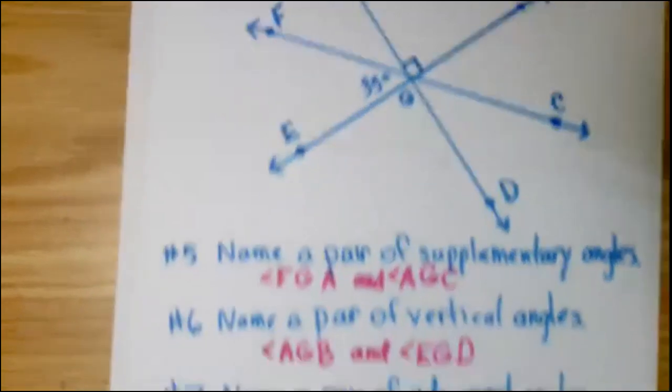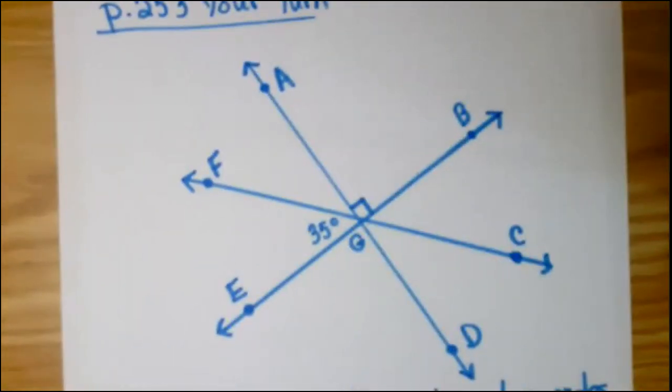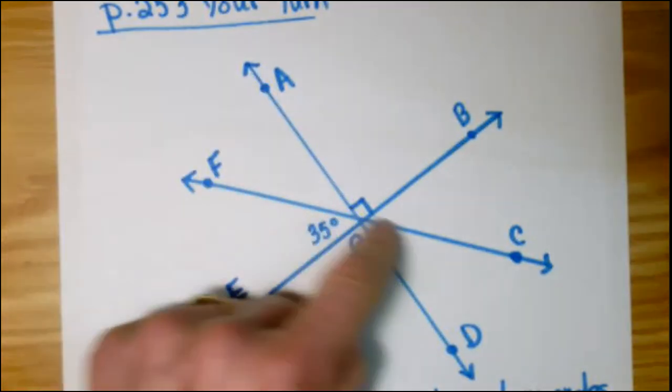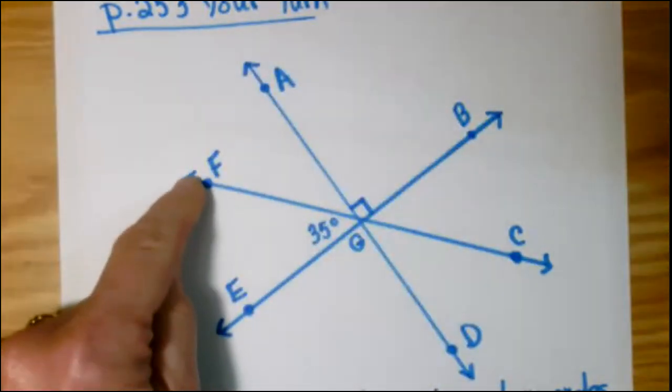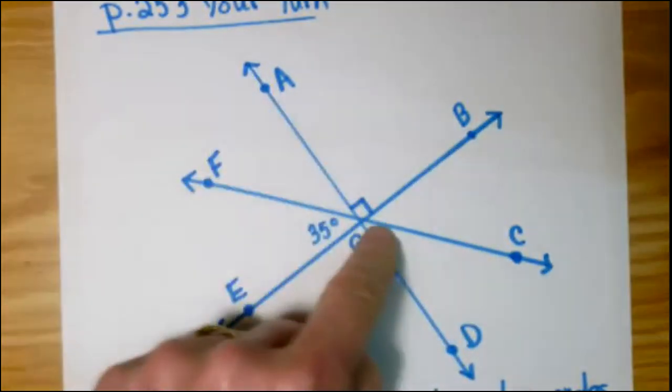Okay, number 7. Name a pair of adjacent angles. Angles that are next to each other but do not overlap. Adjacent angles. Well, we could use what we used before, FGA and AGC, but we could also use FGA and AGB. Aren't they adjacent to each other?